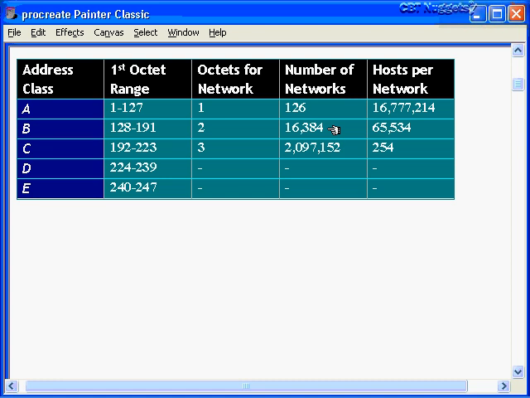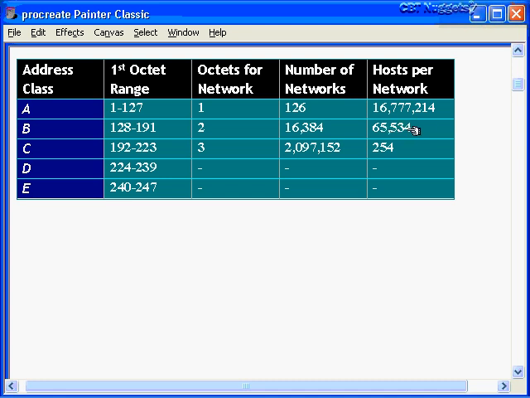So there's over 16,000 possible Class B addresses out there. Each one of these 16,384 networks can have a possible 65,534 hosts. As a matter of fact, this amount of hosts represents the number of bits that are left over for the host, which is a 16-bit number.